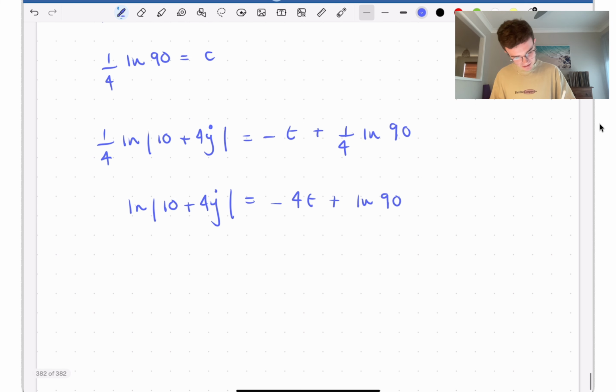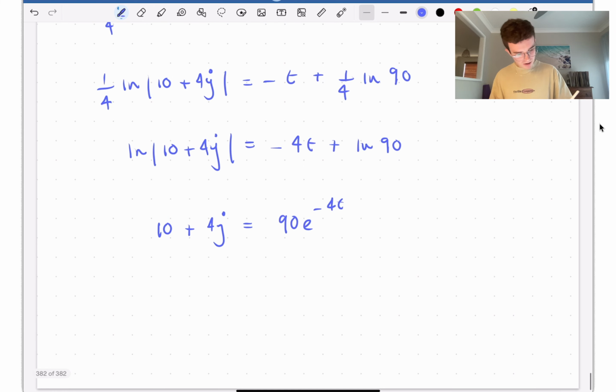We're going to get 10 plus 4y dot is equal to 90 e to the minus 4t. Minus 10 over and divide by 4. So y dot is equal to 90 on 4, which is 45 on 2, and then 10 divided by 4 is 5 on 2.